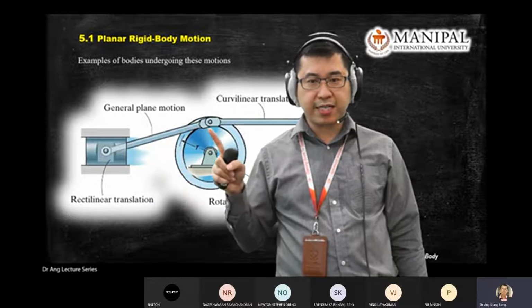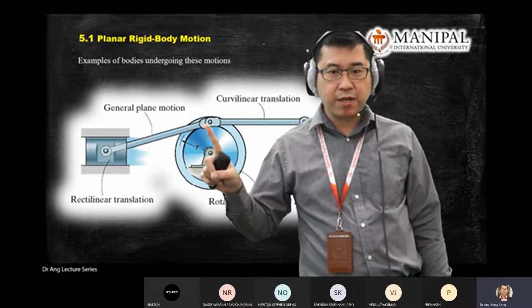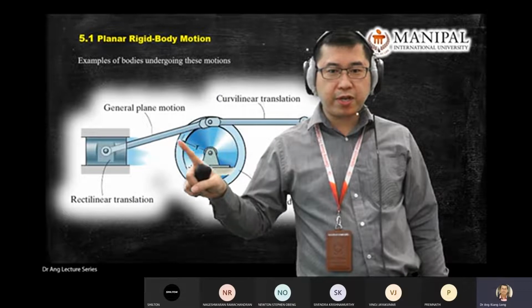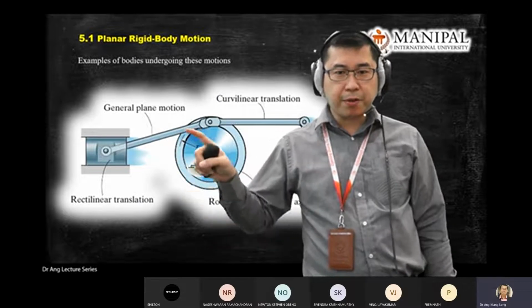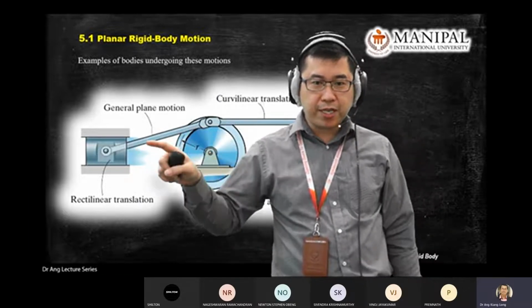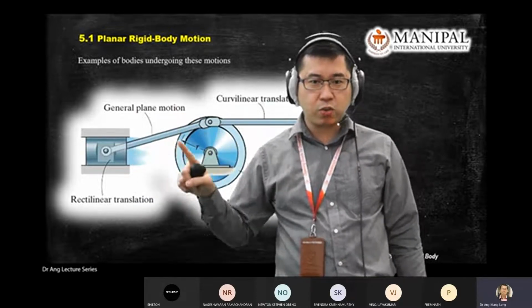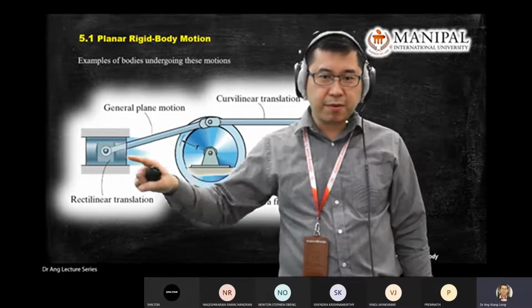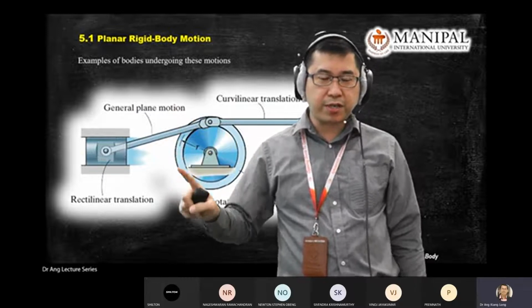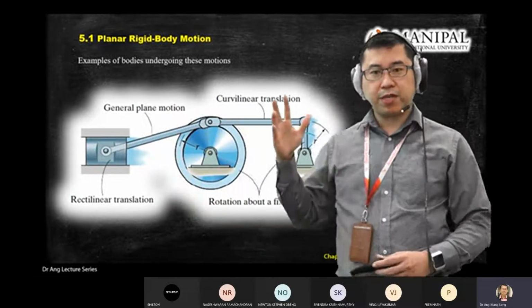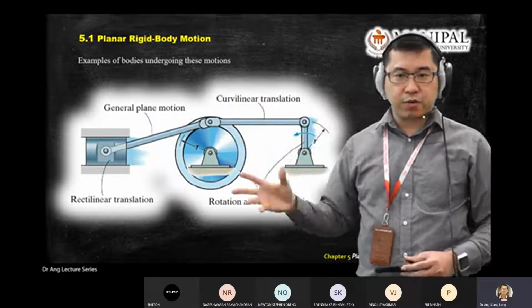So you will see there's a rotation of the point here. This point, you rotate to here. The body here will orientate from this angle into a straight body when this point reaches here. So it's a combination of translation and rotation.